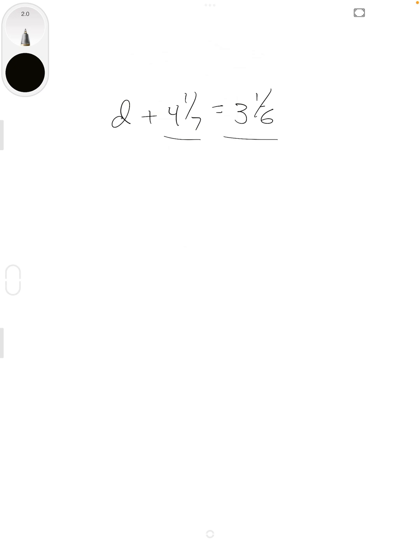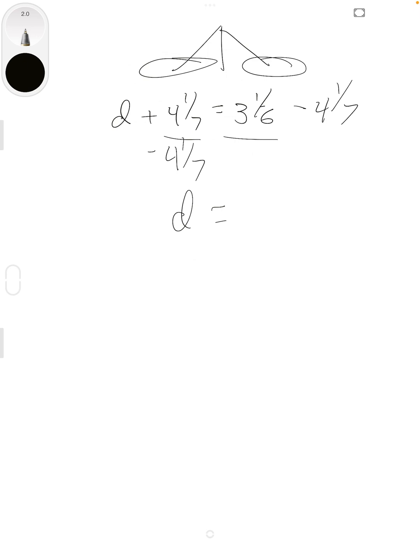Well, I don't really care if I'm doing this in algebra land and I'm thinking, oh, balance scale, this thing and this thing. If I just subtract 4 1/7 from this side, and I subtract 4 1/7 from this side, I'm going to end up with d equals, because 4 1/7 minus 4 1/7 is 0, I'm just going to end up with d on this side.